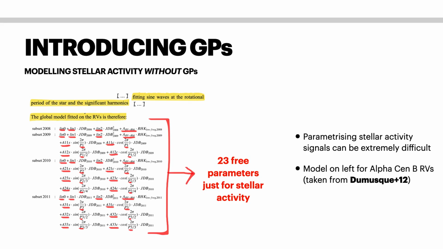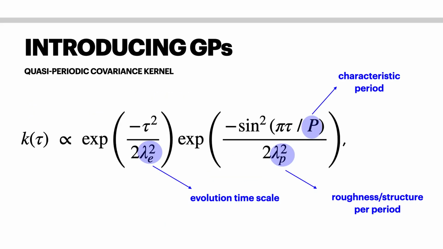And if you did so, would you end up with different conclusions about any planets that might be present? This study was done before GPs had really arrived on the RV scene. If we were doing the same thing now, we'd probably turn to our quasi-periodic covariance kernel from the previous slide, this fellow, which has just 3 or 4 hyperparameters, all amenable to physically motivated priors.